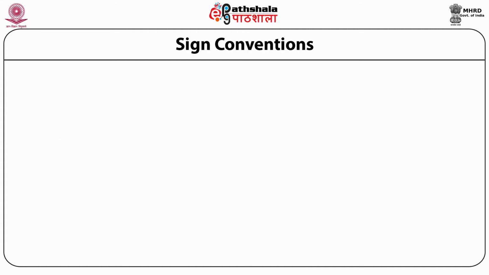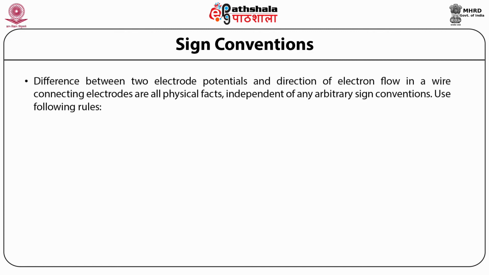The charge of an electrode, the electrode potential, the difference between two electrode potentials, and the direction of electron flow in a wire connecting the electrodes are all physical facts independent of any arbitrary sign conventions.